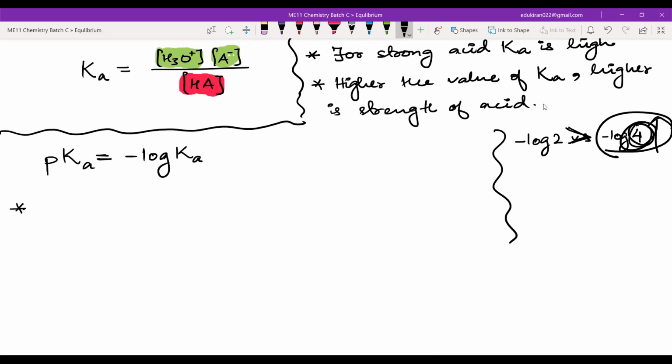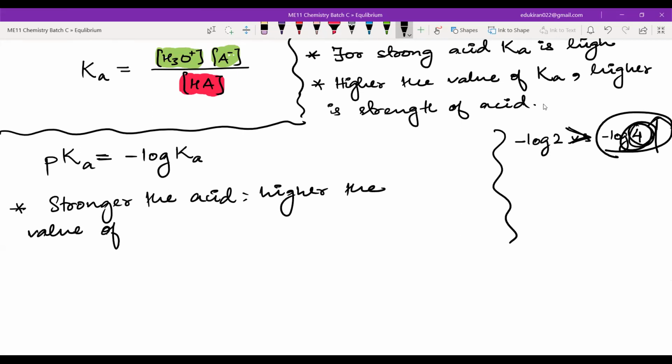So you can write that stronger the acid, higher the value of Ka and lower will be the value of pKa.